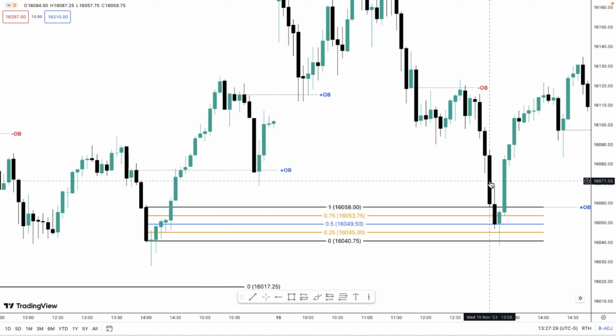So the algorithm will make sure that there's balanced prices between sell side price delivery and buy side price delivery. It will make sure that there's balanced price delivery in terms of premium and discount, expensive and cheap, in terms of bearish order blocks to bullish order blocks, all within the price.